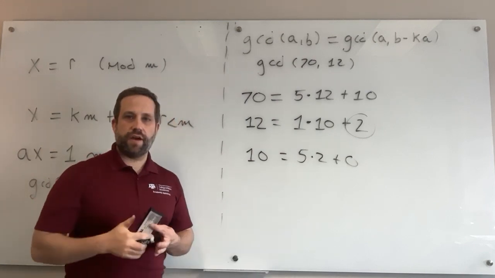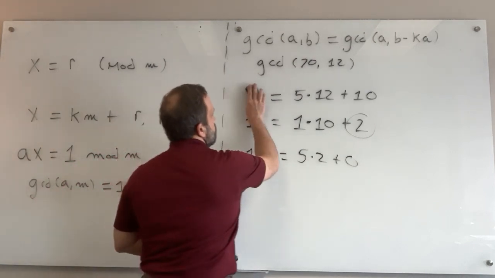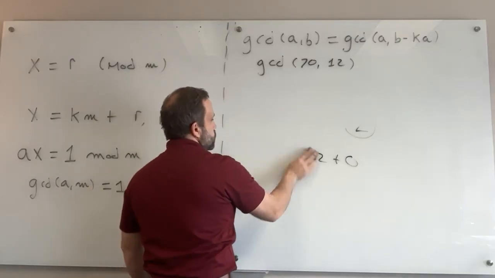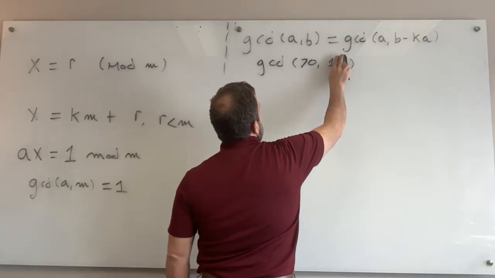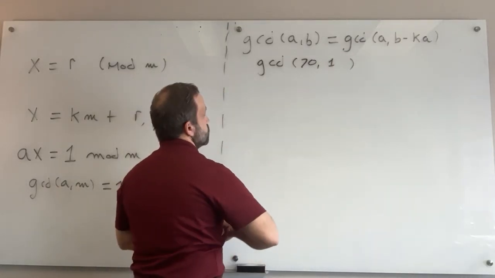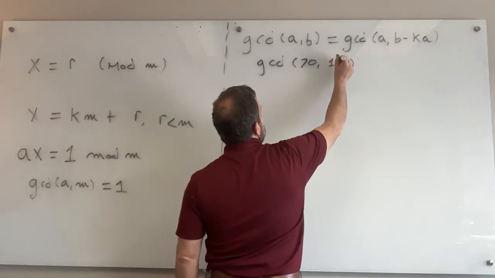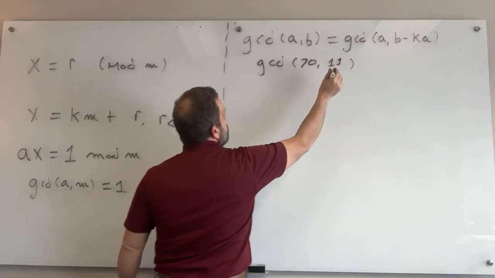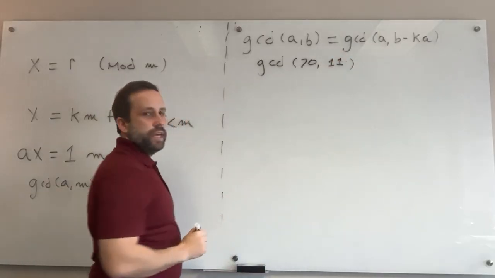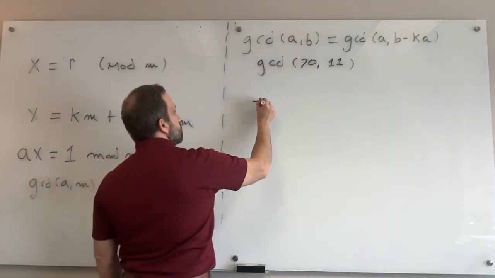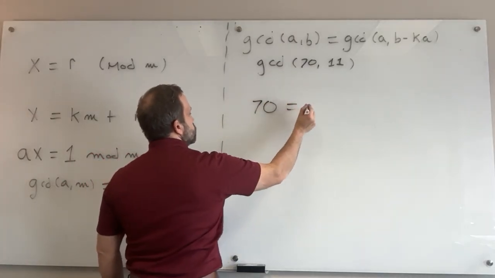Let's modify this slightly. I just want to show you what happens when the GCD is 1. Let's look at the GCD of 70 and 11.